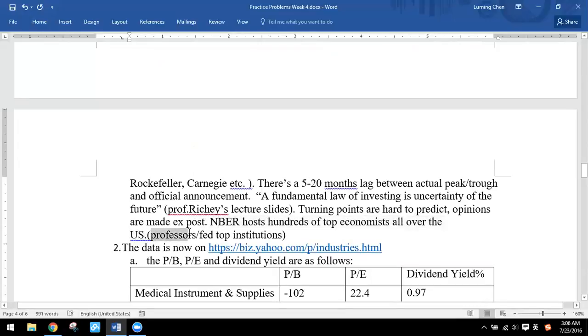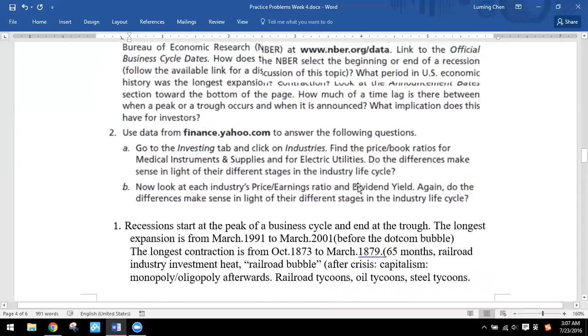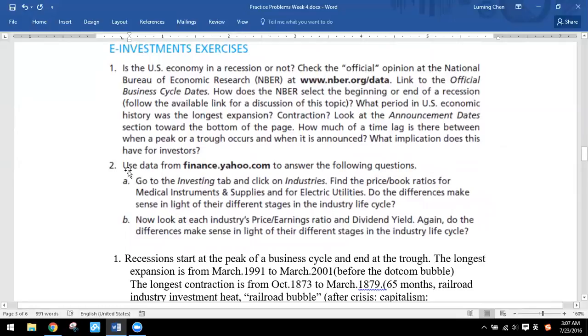They are professors and those top researchers from the Federal Reserve. So this tells us that the turning points are really hard to predict, and all those official opinions are made ex post.